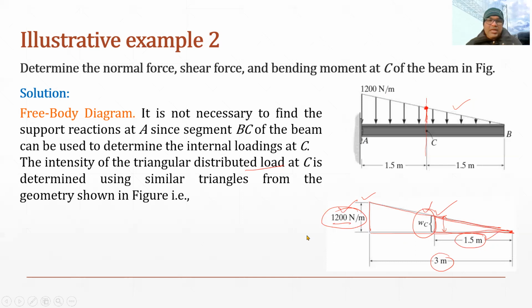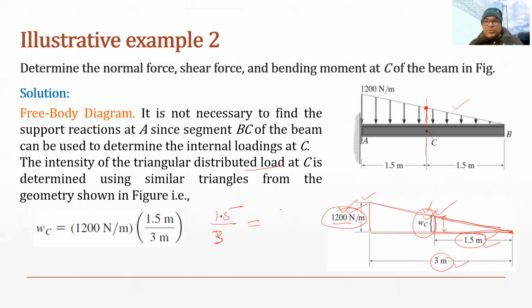But the same can be calculated using the similar triangle property. The ratio of this side and this side will be equal to the ratio of WC and 1200. So same I am writing here: 1.5 by 3 will be equal to WC by 1200. Using this, we can calculate the value of WC, which will be 600 Newton per meter.